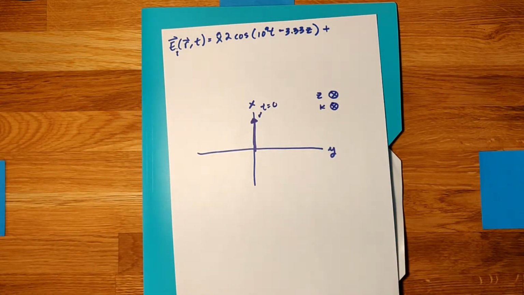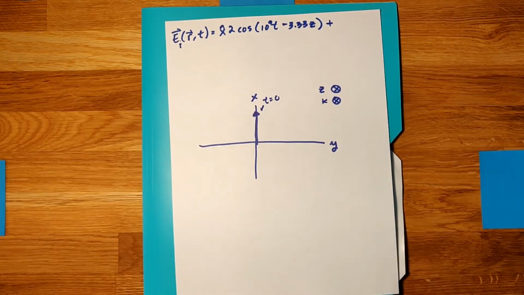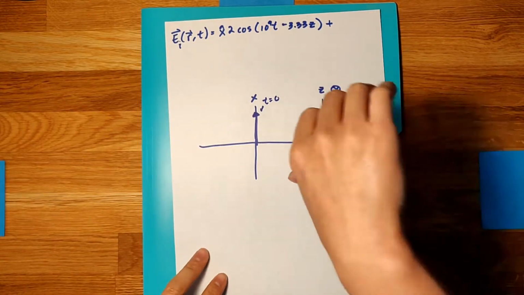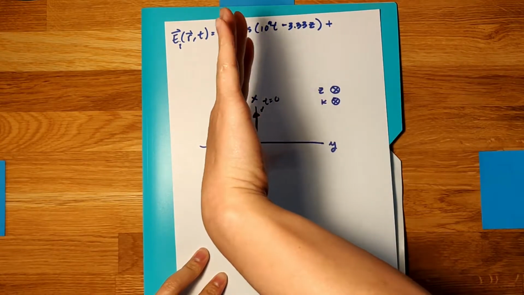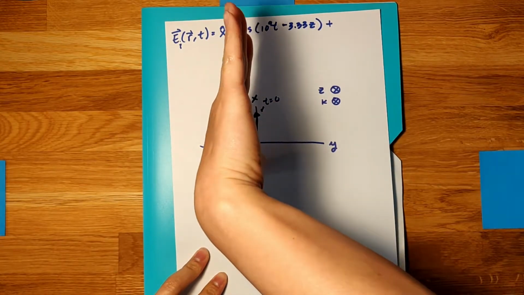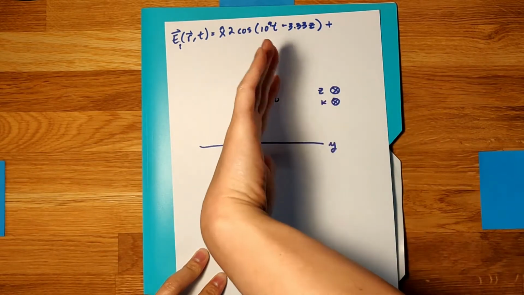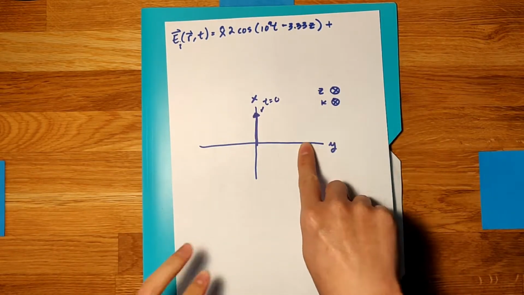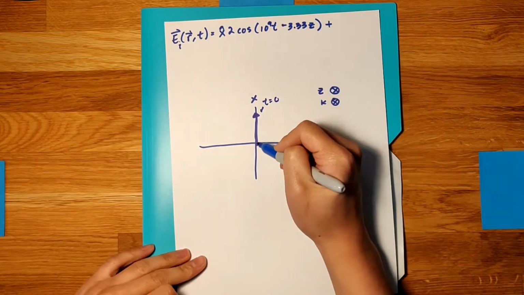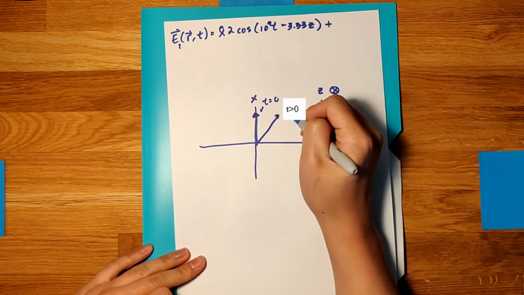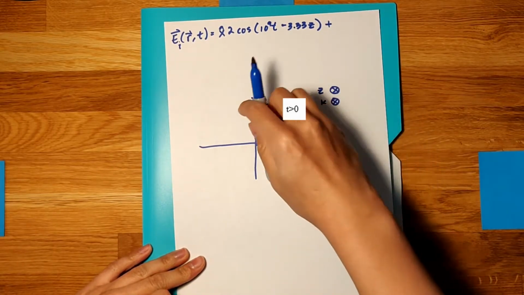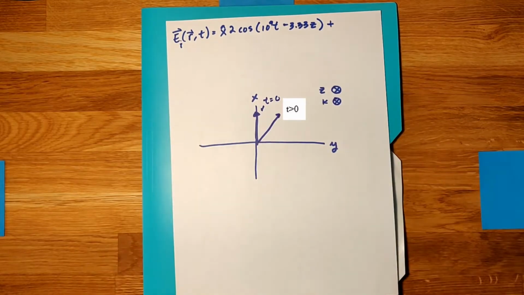So in this case, because it's right-hand circular polarization, we can figure out which way it's going to go. Since my thumb is going in and my E1 is on the x-axis, my fingers curl this way, so it's heading towards y. So when t is greater than 0, it will go this direction.